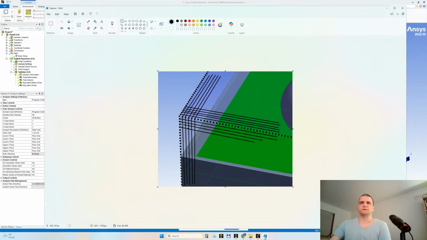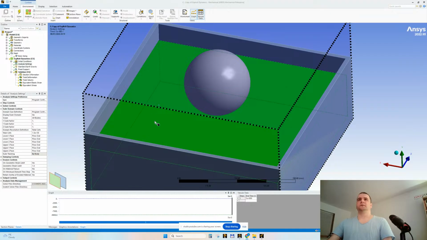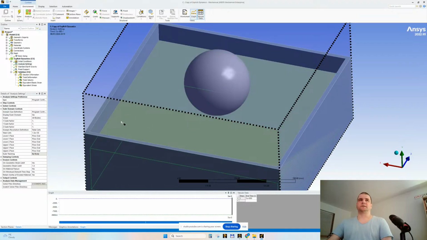Then small cubes will result. You'll see in a few seconds the water meshed as small cubes.